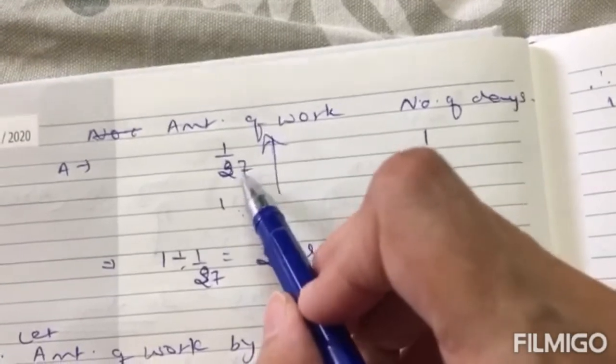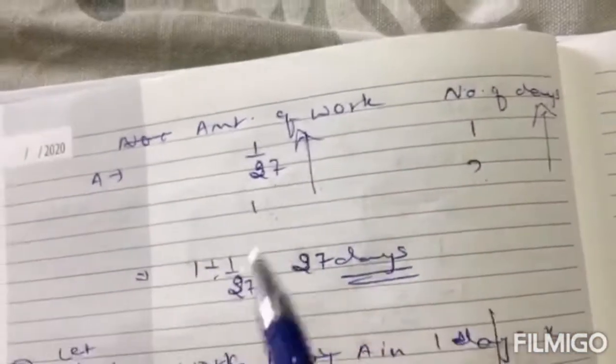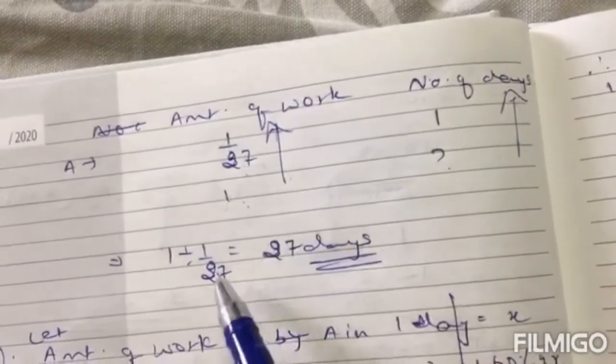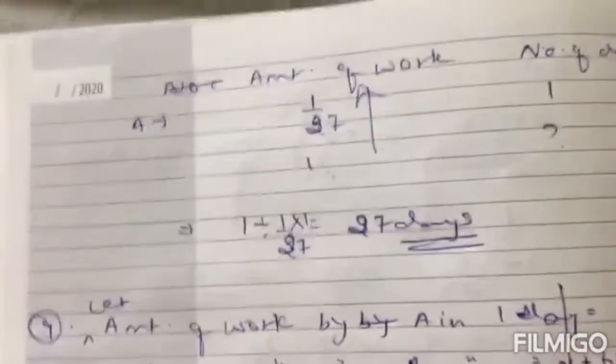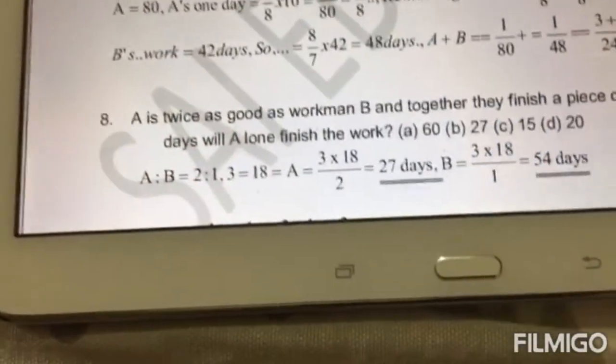If you try dividing this, you'll get a decimal. So the work has increased, therefore the number of days will also increase. This is what case? Direct proportion. So it is 1 divided by 1 by 27 into 1, which is equal to 27 days. And that is the correct answer. So A takes 27 days, B takes 54 days.